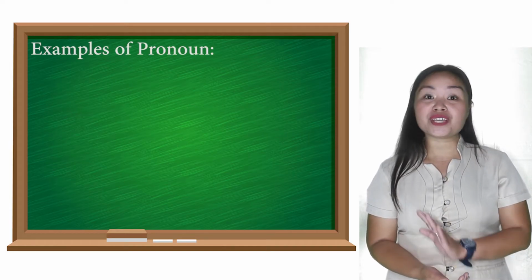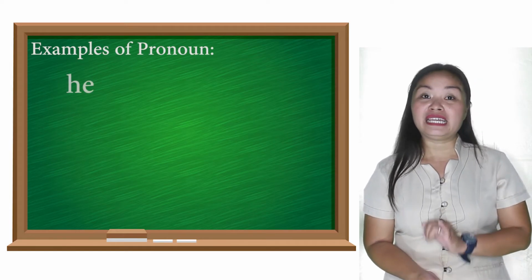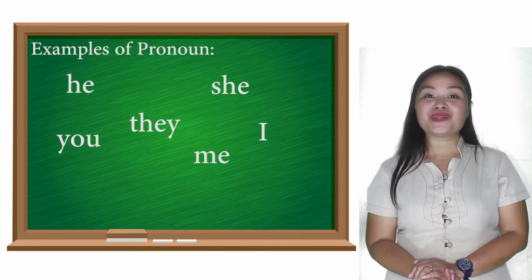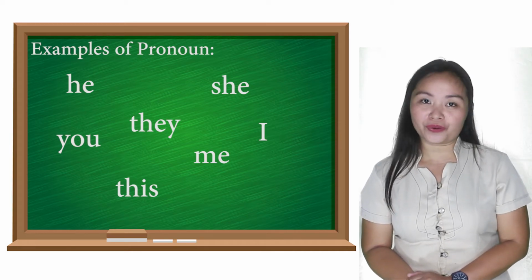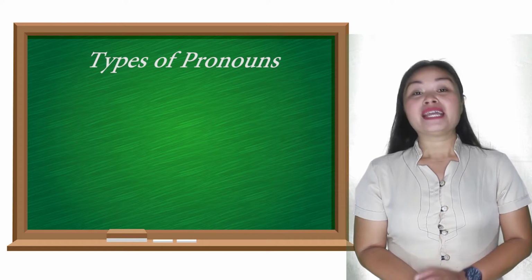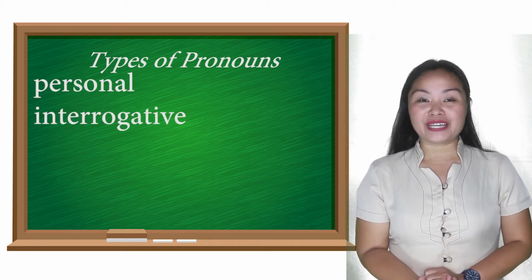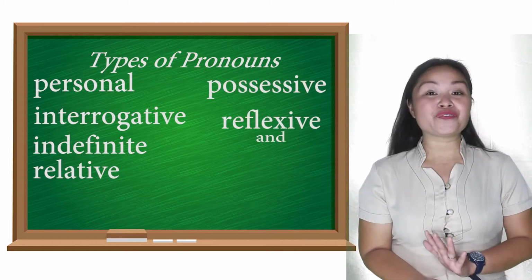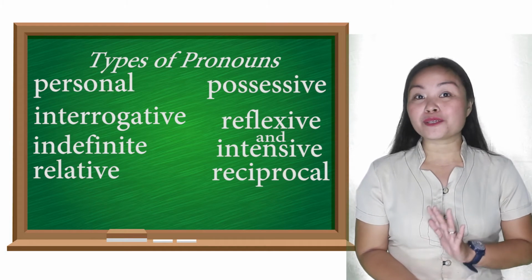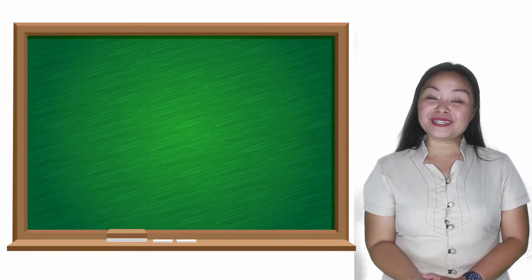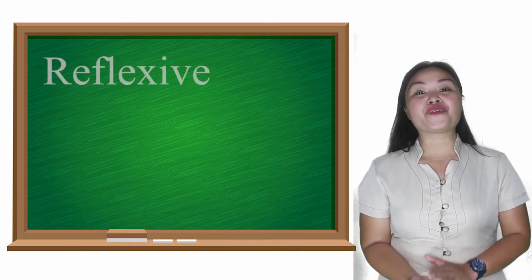These are examples of pronouns: he, she, they, you, I, me, this, and so on and so forth. There are types of pronouns, namely personal, interrogative, indefinite, relative, possessive, reflexive, intensive, reciprocal, and demonstrative pronouns. But in this lesson, we will just focus on reflexive and intensive pronouns.